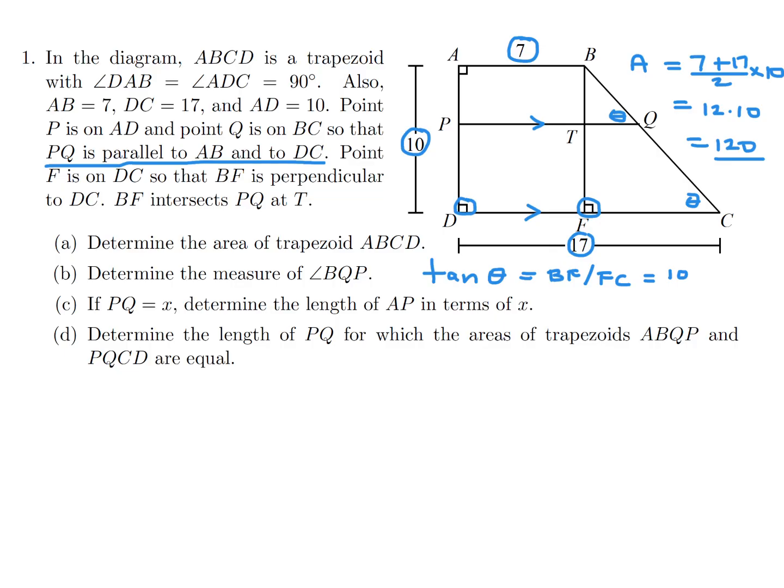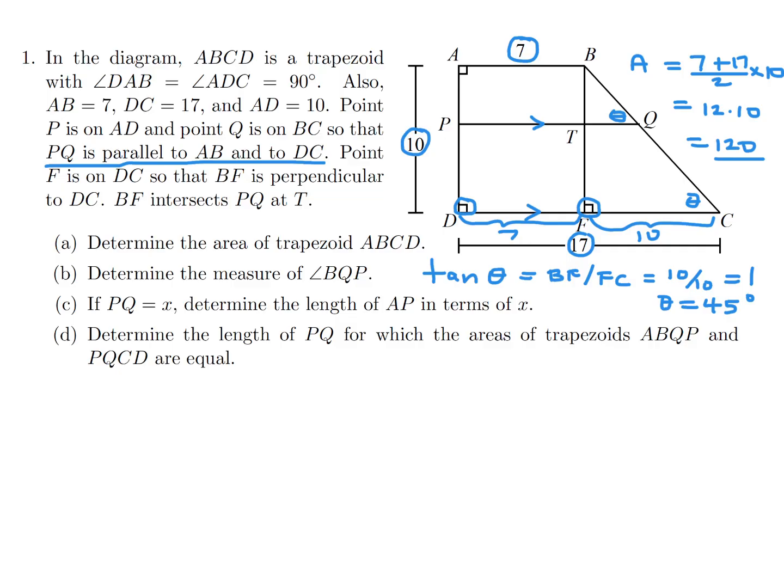And then FC, well, AB and DC are parallel, so AB is the same as DF, so this is going to be 7. So therefore this would be 17 minus 7, so 10. So that looks to me like 10 over 10, which is 1. So if the tan of theta is 1, then that means theta is 45.